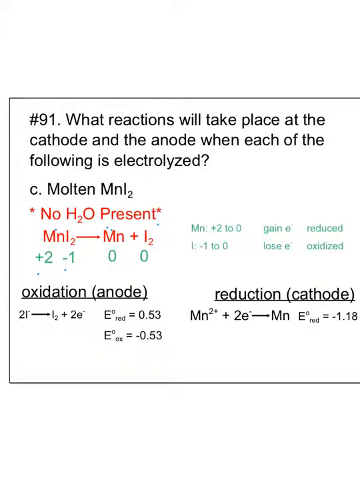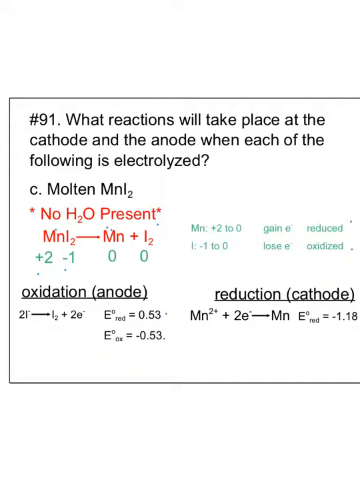We can see what's reduced, what's oxidized. So we know oxidation happens at the anode, so that's the I. So we write the oxidation reaction for I2. So 2I- goes to I2 plus 2 electrons. Here's the reduction potential. I turn it negative for oxidation. Cool, that doesn't really make a difference for us right now, but it will on the next slide.